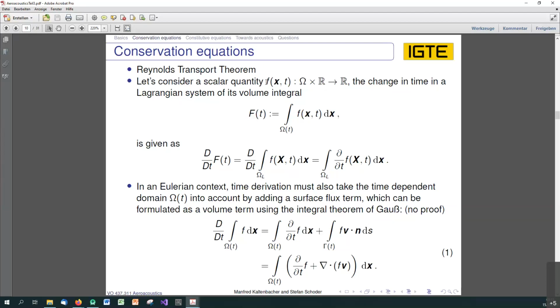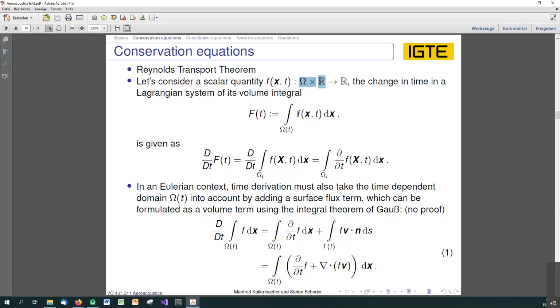We then consider a scalar quantity, the mass density. This mass density is a relation from the domain across time towards a quantity, which is more or less the integral of it.